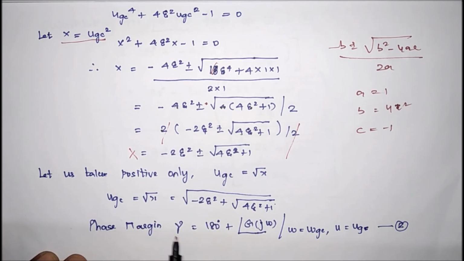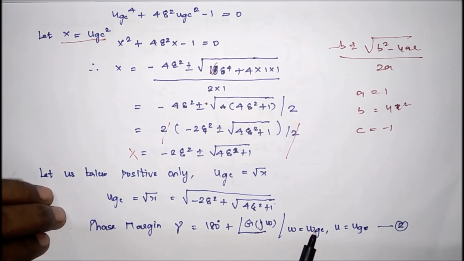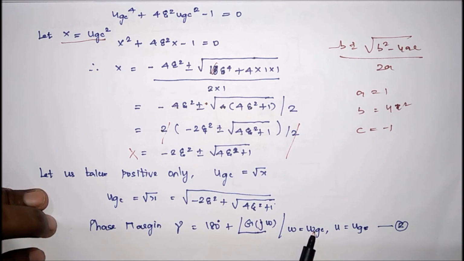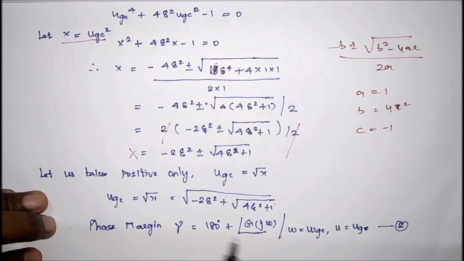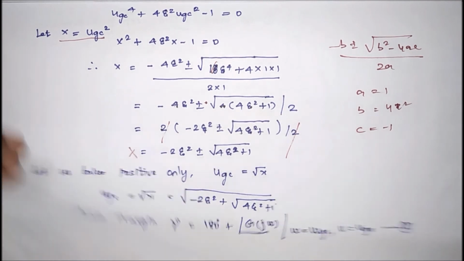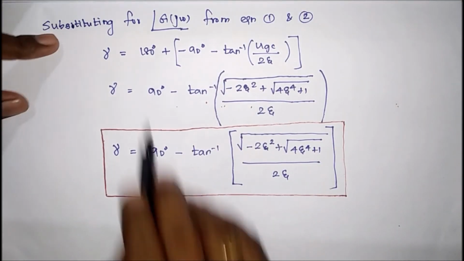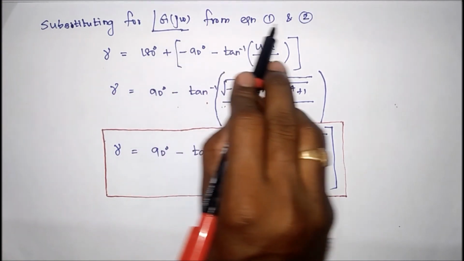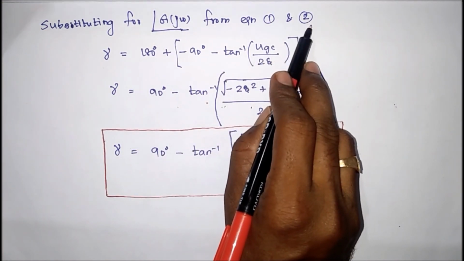Now phase margin equals 180 degree angle to be added at omega equal to omega gc. It means at gain crossover frequency we have to add some angle to 180 degree, so as to bring the system from unstable to stable. That is nothing but the phase margin. So now substitute the angle from equations 1 and 2.